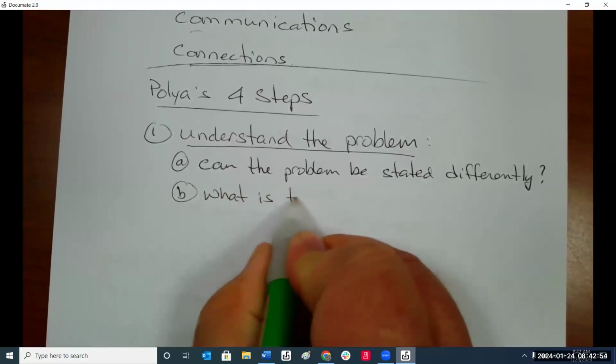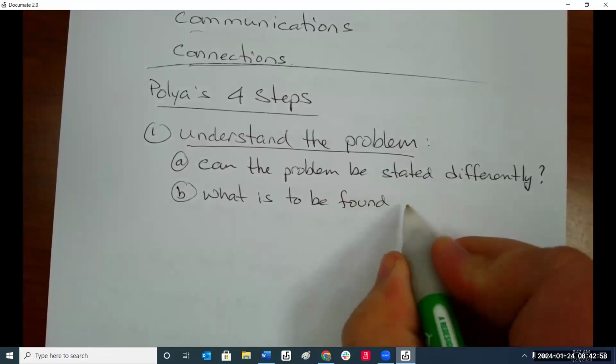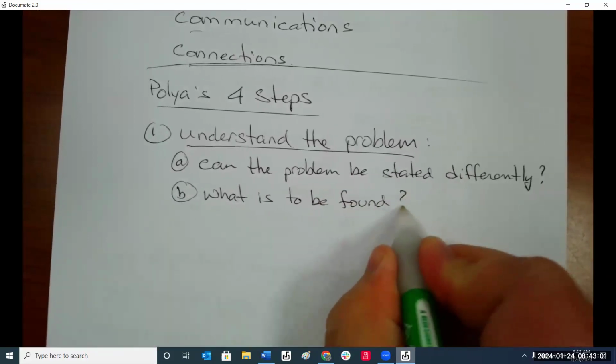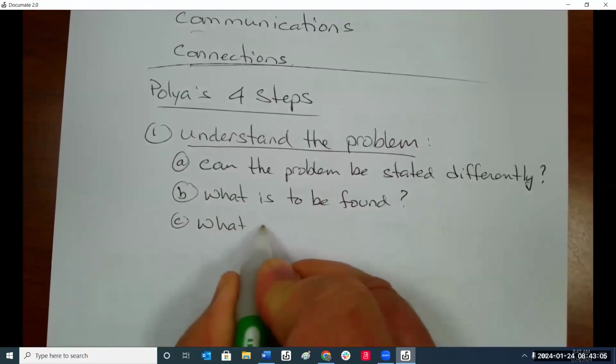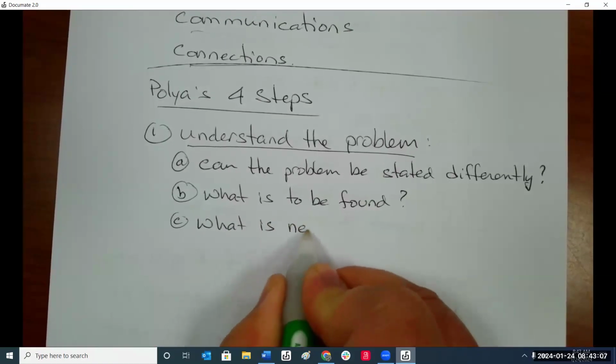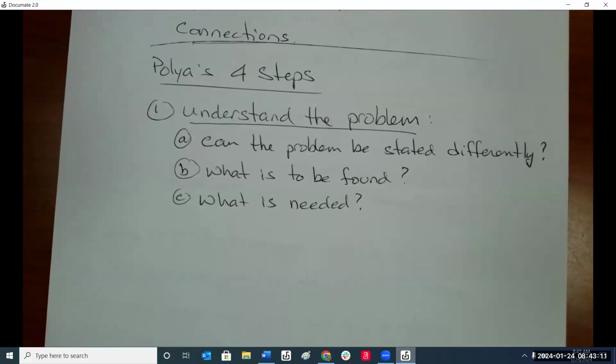What is to be found? What is needed? Like you said earlier, think about everything you need. You have the plan. Now let's put together everything we need.